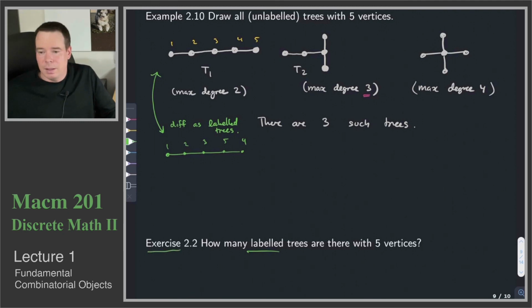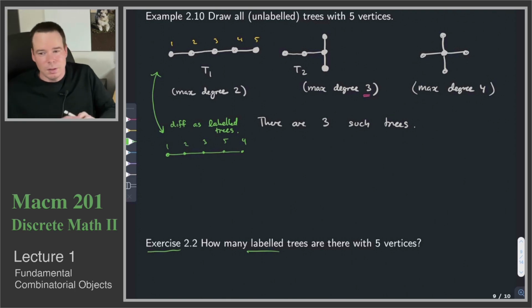But I will say that we just build off of the results that we have here. So we've got this tree type T1. It's a path. Now I want to throw labels on it. Well, just figure out how many ways you can throw labels on the vertices to make different labeled trees. And then we've got that one T2. How many ways could I throw labels on those vertices?